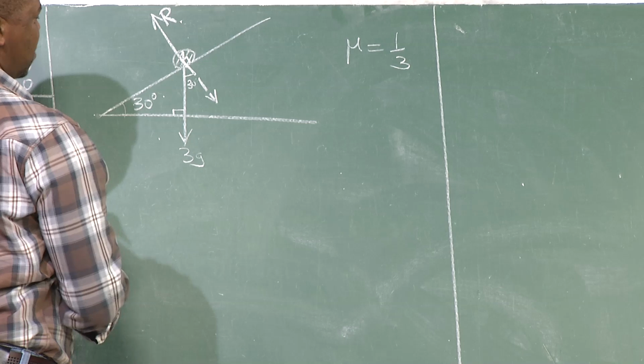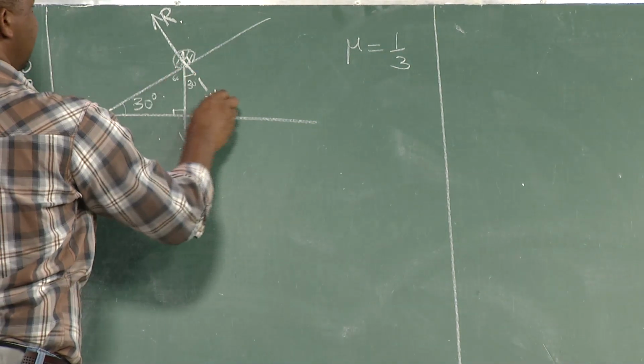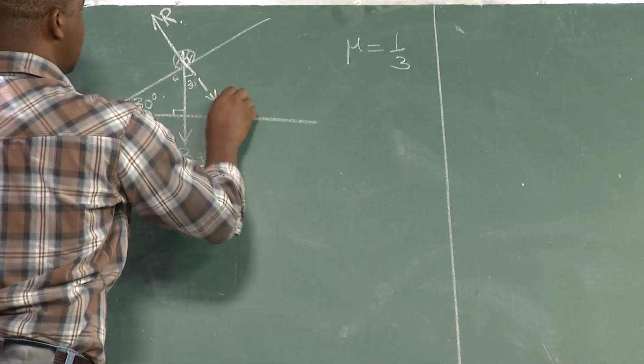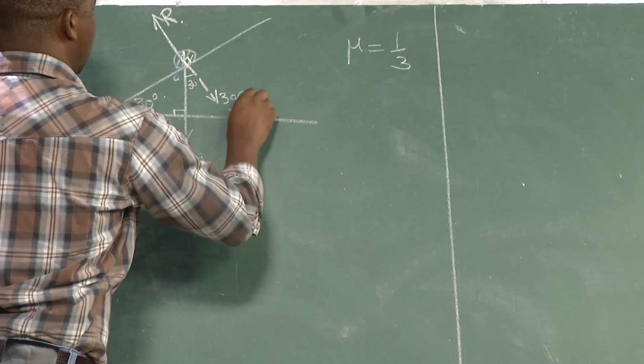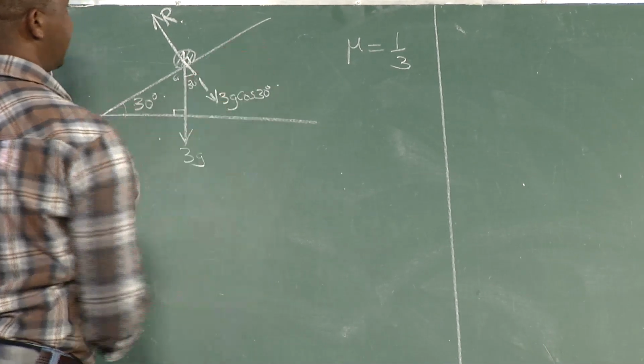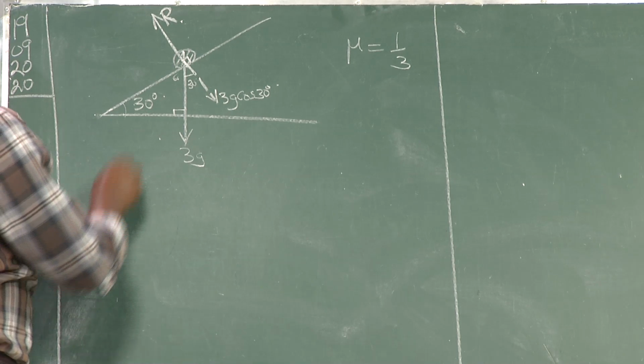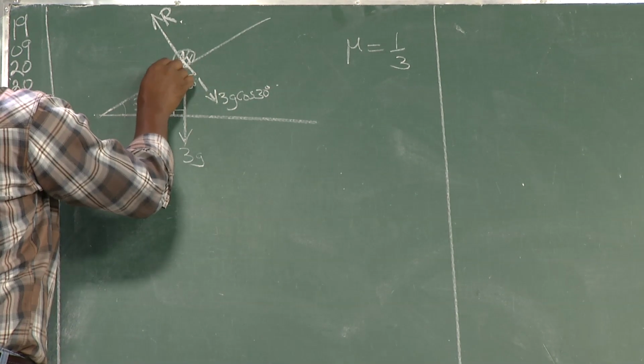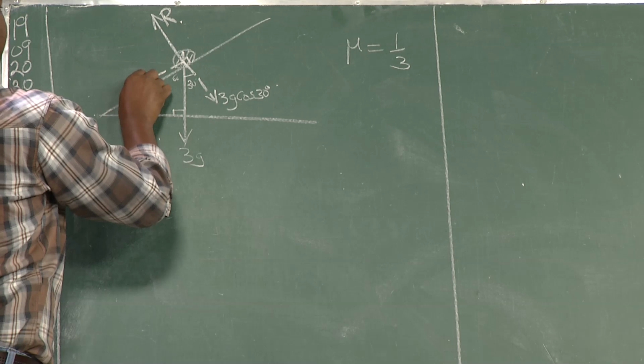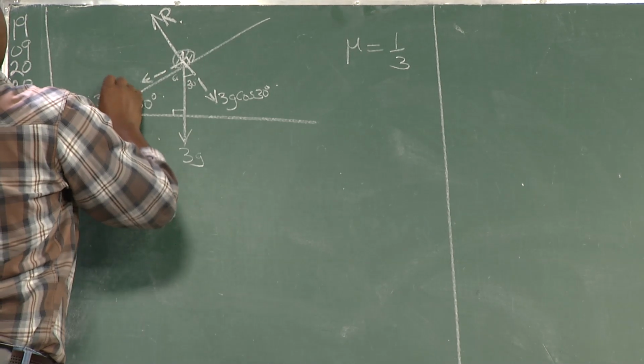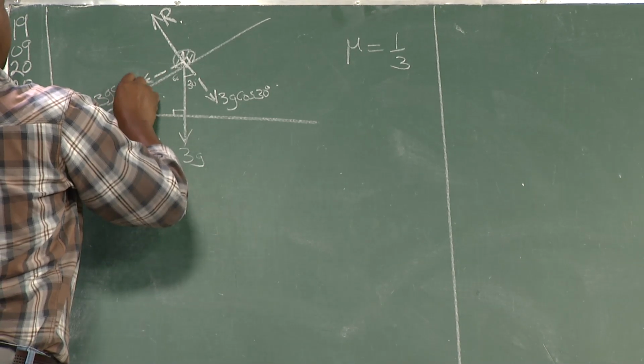Remember the angle geometry, this is 90, that would be 60, of 3g, the cos of 30 degrees over here. And we have another component here of 3g, the sine of 30 degrees.